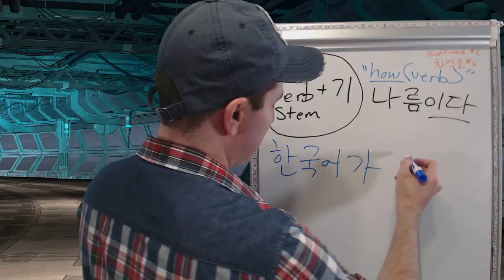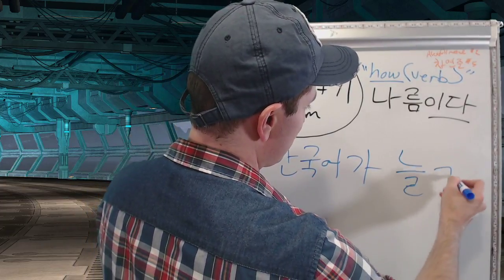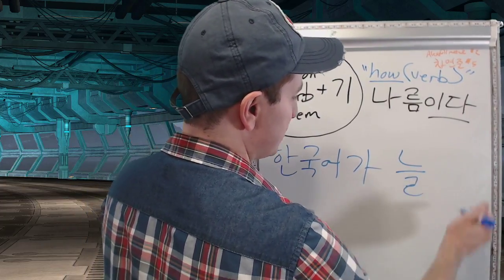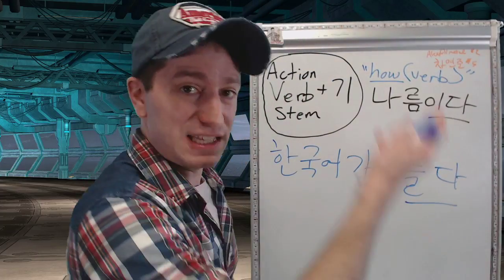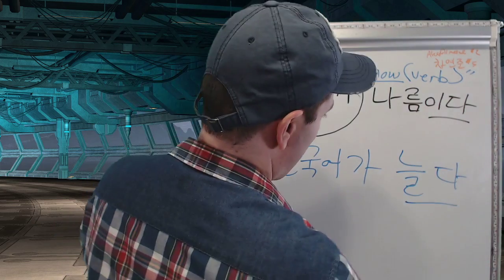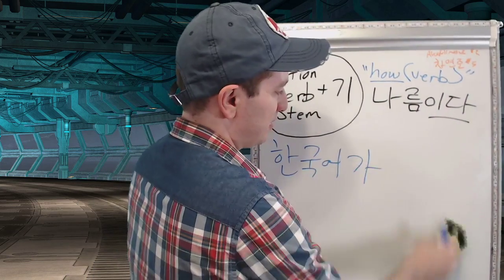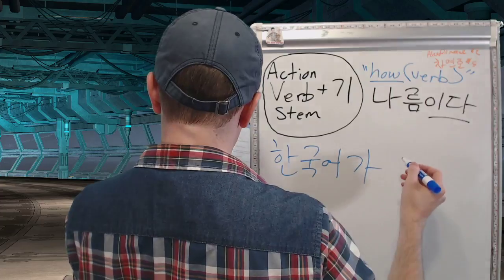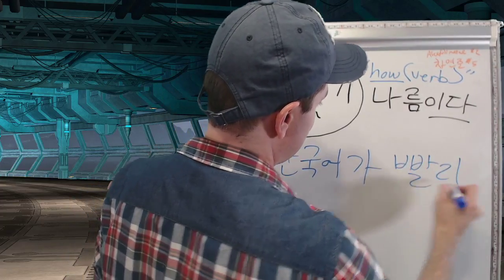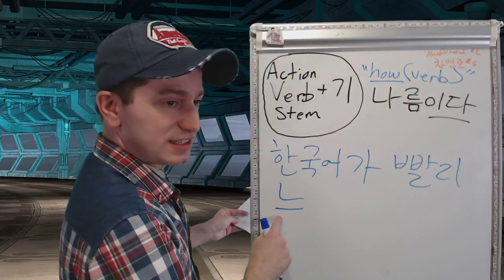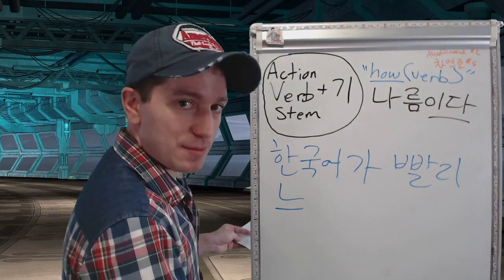한국어가, so Korean. Now we're going to use 늘다, which means to improve. So 늘다 by itself means 한국어가 늘다, Korean gets better, Korean improves. So 한국어가 빨리, so we have 늘다 coming into a nominalization form.